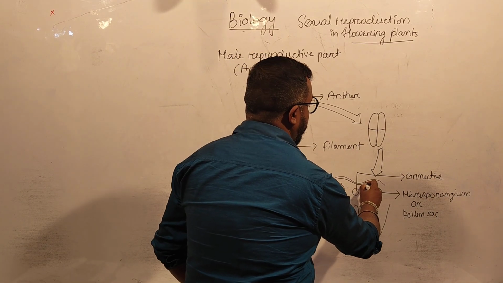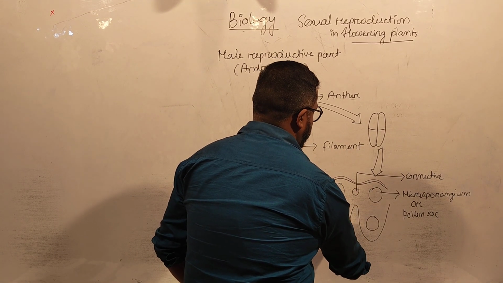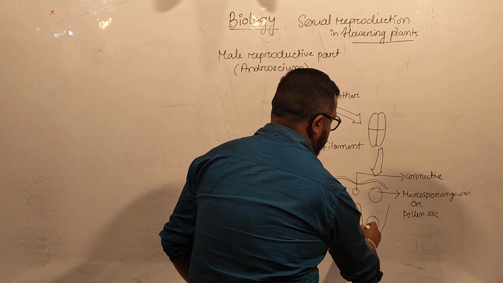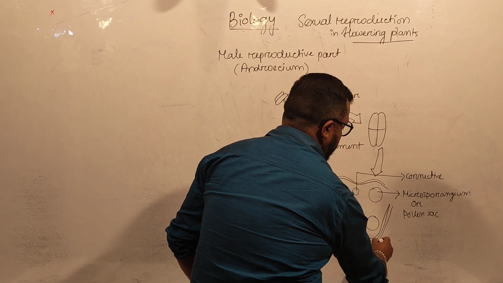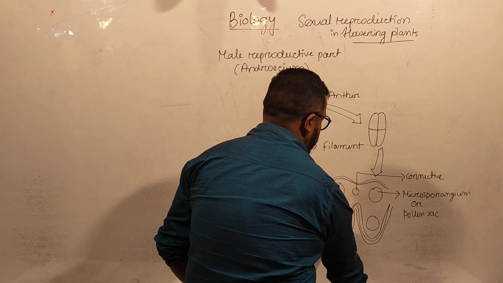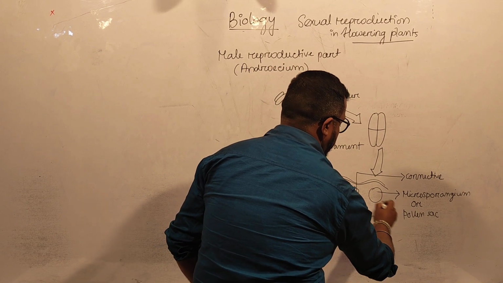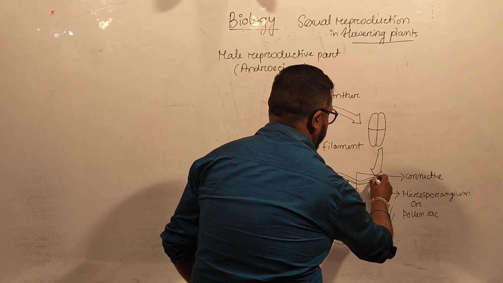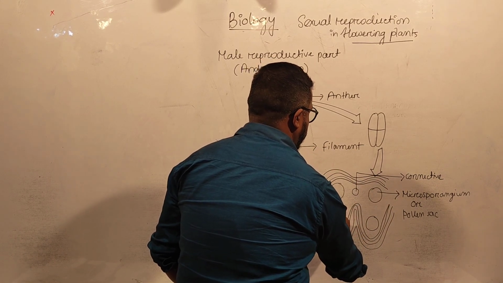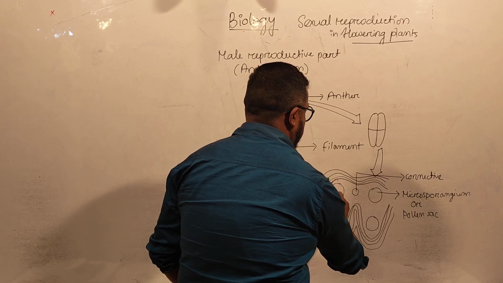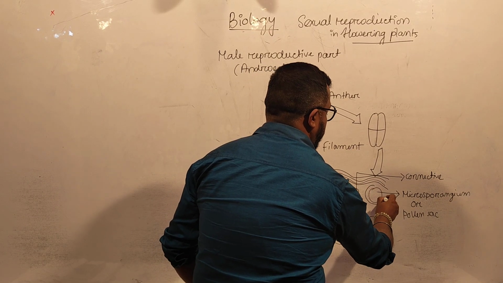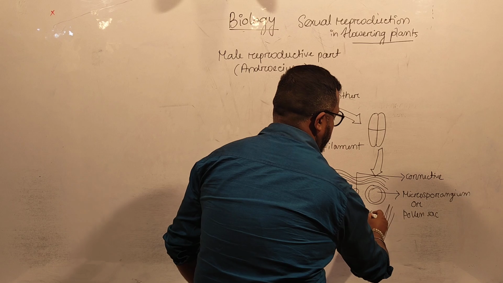Now coming to the structure of this anther. This anther basically has 4 layers in total. 3 layers like this, and the last layer around each of the pollen sacs.